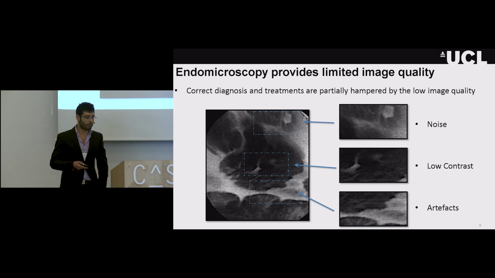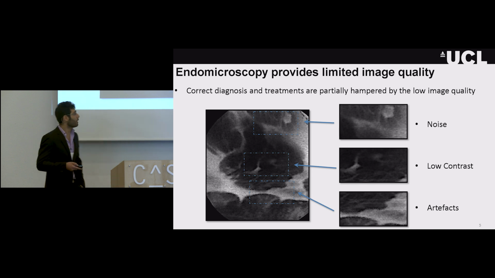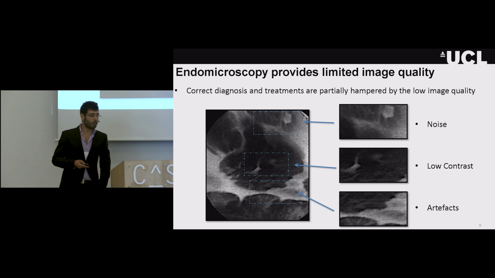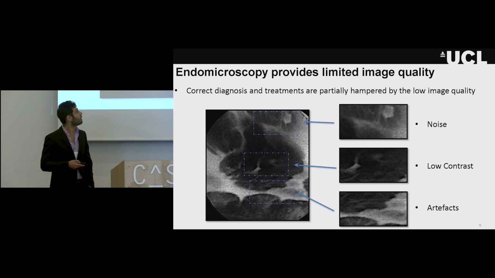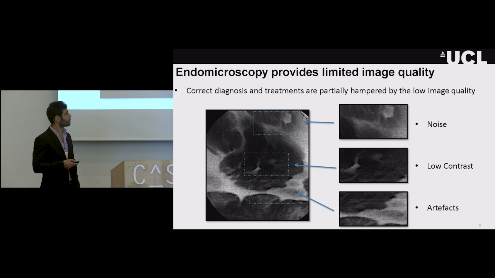However, correct diagnosis and related treatment are hampered by the fact that this device produces images with low quality. Low quality means that the images have noise, low contrast, and artifacts. In the last few years, some progress has been made on the hardware of this device.